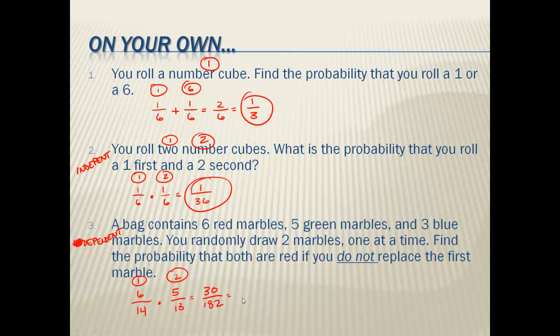Both even numbers, so they both at least divide by 2, so let's start with that. That gives you 15 over 91, and that does not reduce any further. So the probability of drawing a red, if you draw one at a time and you draw twice, is 15 over 91. I know this can be a little confusing, so we'll be going through this a little bit more in class with different scenarios.